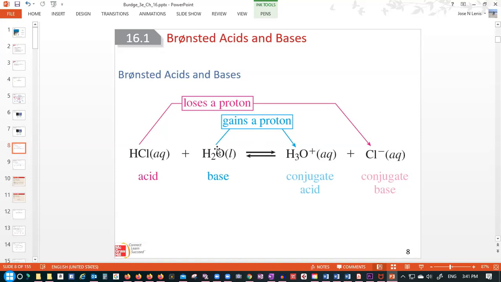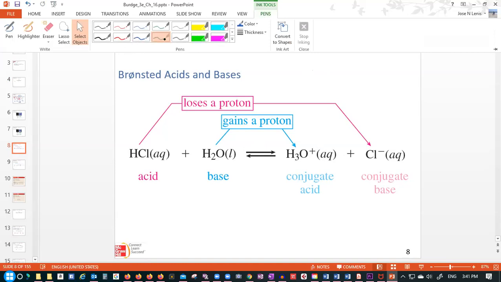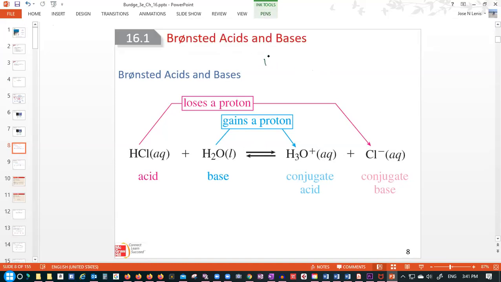In some reactions it behaves as an acid. Let's say we have water plus water. What will happen at the molecular level? We have pure water.